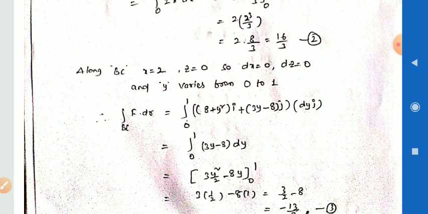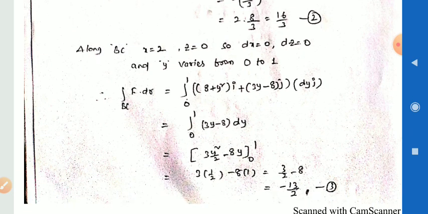Integration BC f dot dr is equal to integration 0 to 1, and f value (8 plus y square) i plus (3y minus 8) j into dy j. Taking the dot product, we get integration 0 to 1 of (3y minus 8) dy. Integrating with respect to y, we get 3 into y square by 2 minus 8y. Applying the limits 0 to 1, we get 3 into 1 by 2 minus 8 into 1, that is 3 by 2 minus 8, that is equal to minus 13 by 2.